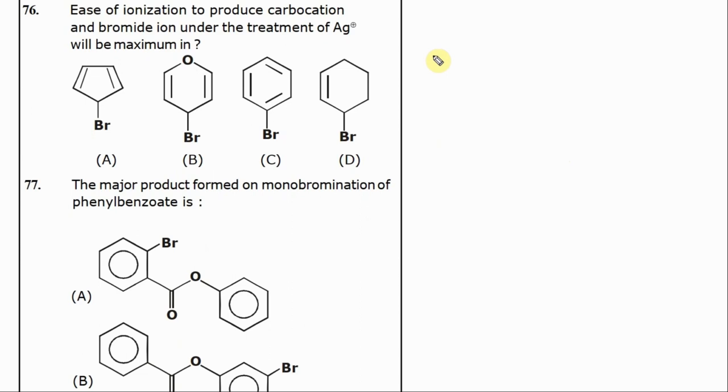76. Ease of ionization to produce carbocation. Extremely simple. Carbocation is produced when the leaving group takes the electron and goes. So you get C plus plus Z minus. In acidity, usually we look at hydrogen, which leaves without the electron. So you get a carbanion plus H plus. Here the Z is nothing but bromine. So it has to take the electron and go to get a carbocation.